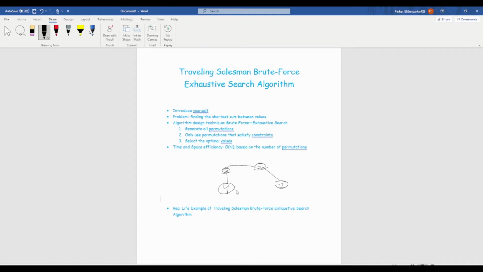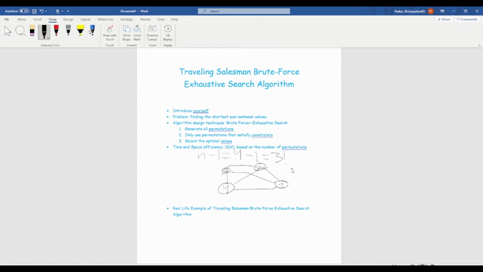To calculate the n here, since you're going from a starting point and then to these three cities, you're going to do n minus one, which is 4 minus 1, which is 3 factorial.